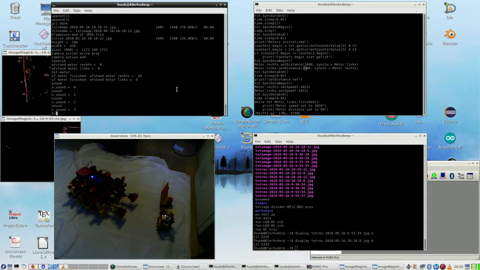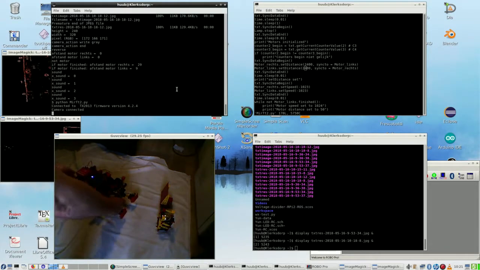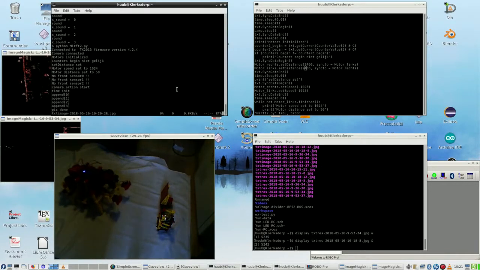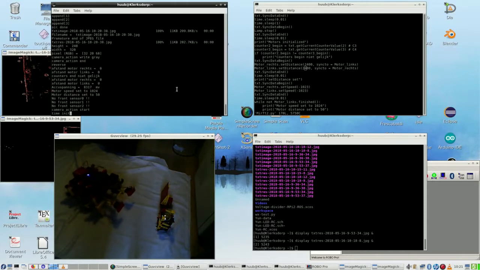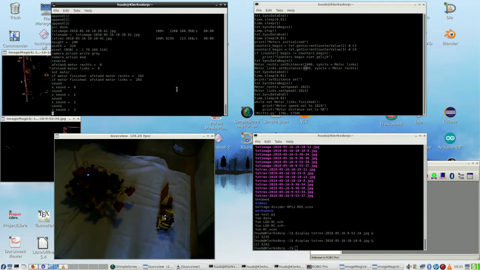Let's run again. By the way, moving it. Not much different. Not much different at all.